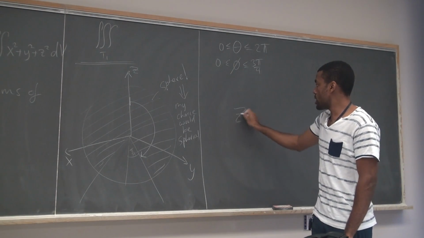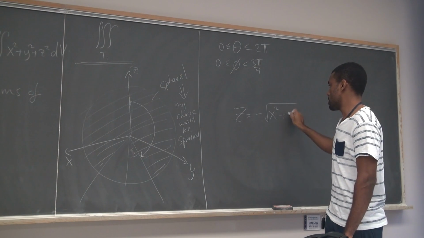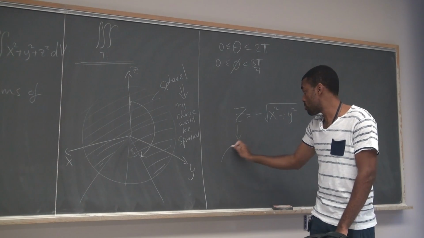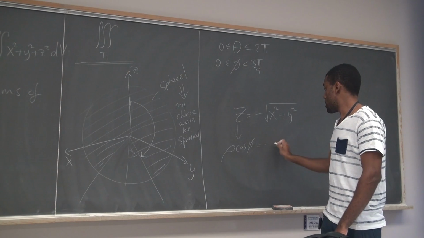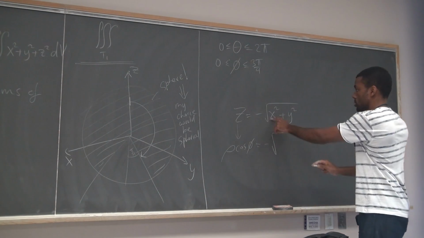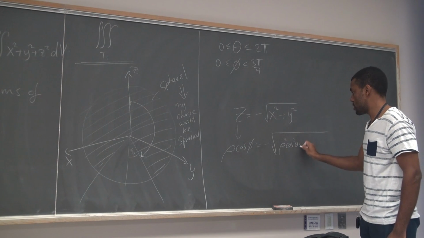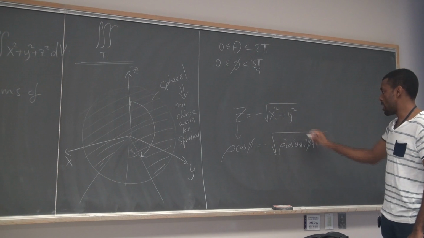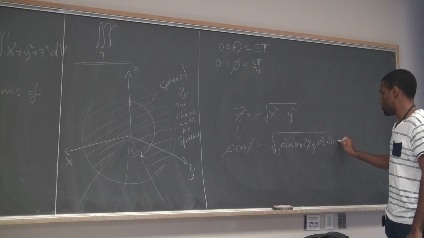You start with the equation of the surface that you're considering. This is the algebraic way to do it. And you just plug in the spherical coordinates. So this side would be rho cosine phi. Here, for x it's rho cosine theta sine phi, plus y would be rho sine theta sine phi.